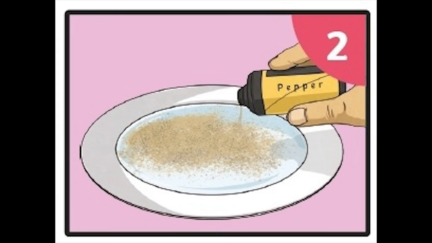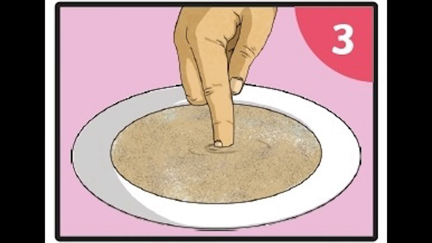Sprinkle some black pepper on the surface of the water. You should see the black pepper floating. Step 3. Dip your finger into the center of the bowl of water. Watch what happens to the pepper and record this. This is test number 1.